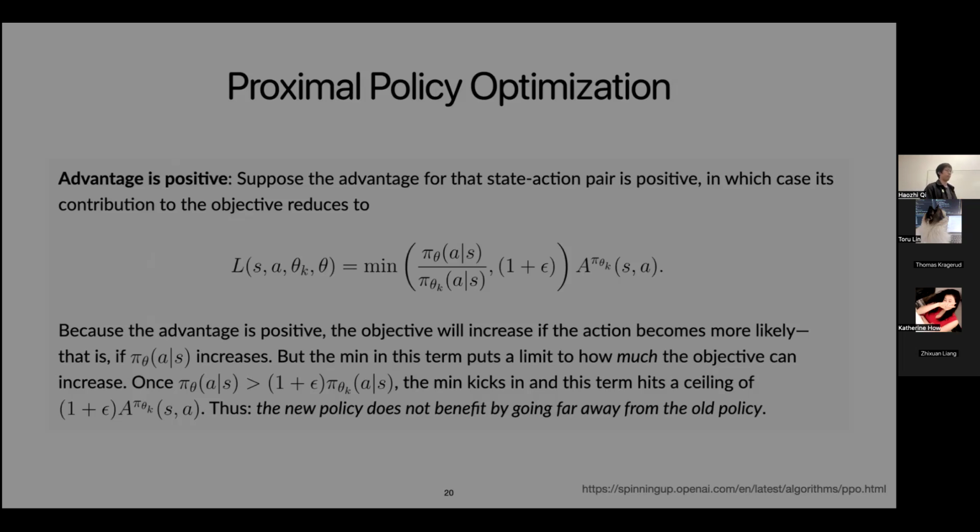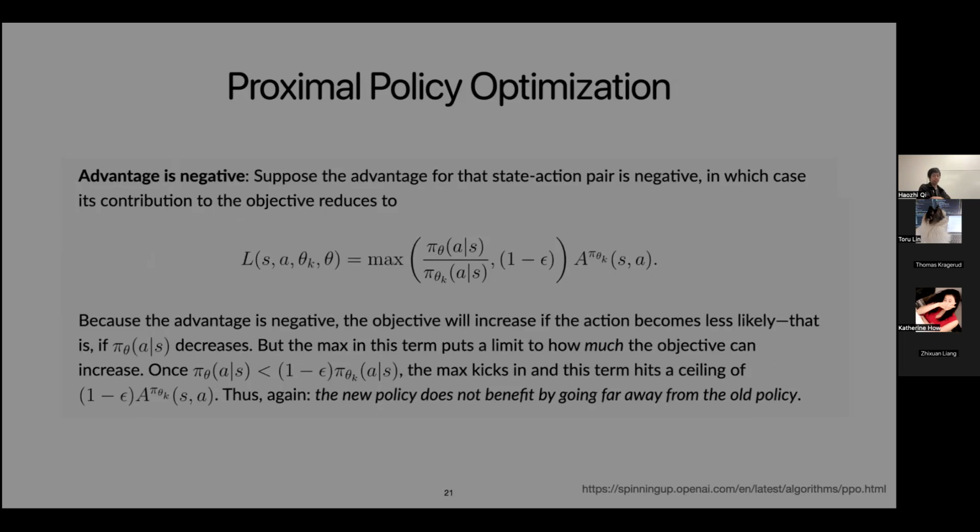This epsilon is a hyperparameter typically set to 0.1 or 0.2. By clipping this to 1 plus epsilon, we usually guarantee that the difference between the two policies is not too large. So you are not taking a very large gradient step that destroys all of your previous policy training.